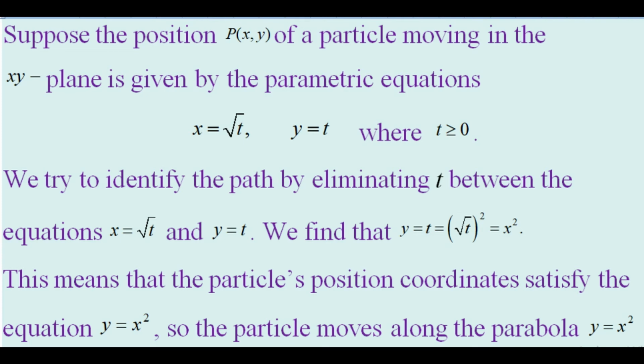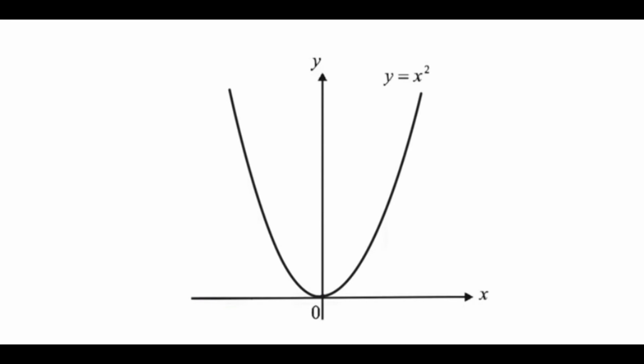We find that y = t, which is equal to (square root of t) whole square, which is equal to x square. This means that the particle's position coordinates satisfy the equation y = x square. So, the particle moves along the parabola y = x square.